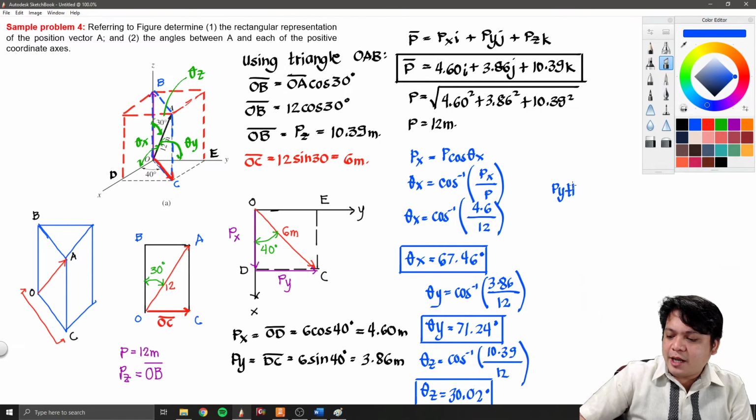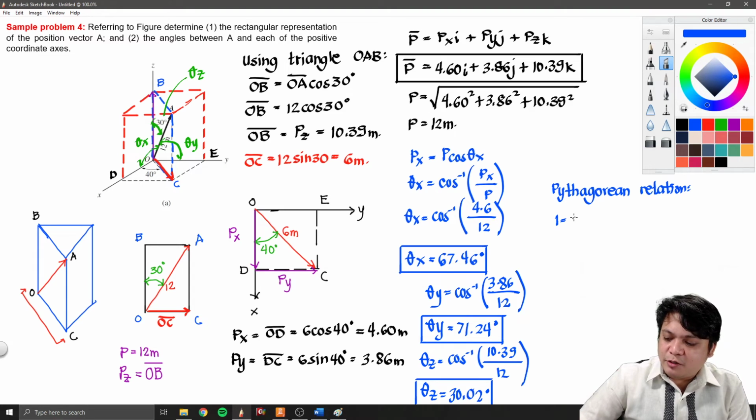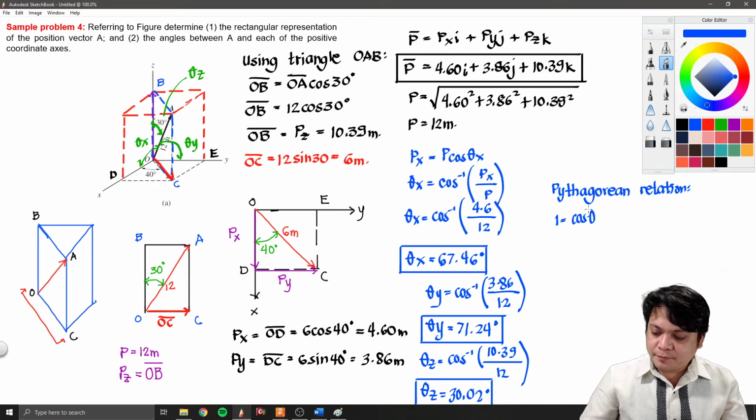So, it means for unity, it would become equal to cosine squared theta x plus cosine squared of theta y plus cosine squared of theta z.